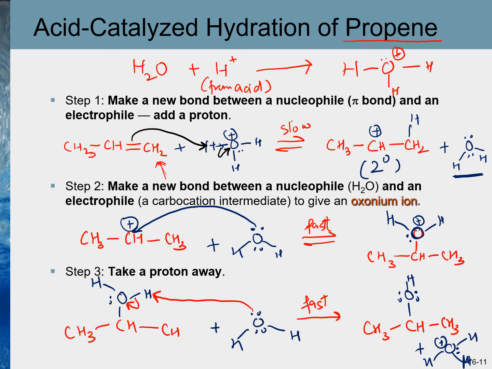As you can see, we started with hydronium ion, and the hydronium ion is generated back at the end. That's an indication of a true catalyst, that the hydronium ion or the acid is not used up in the reaction. So it is just a catalyst.